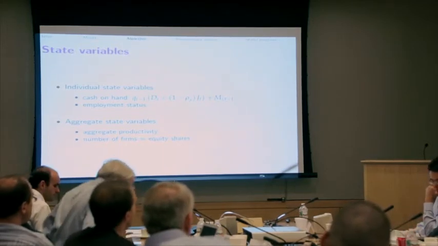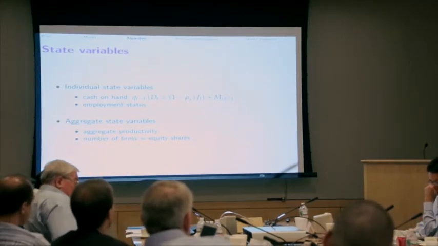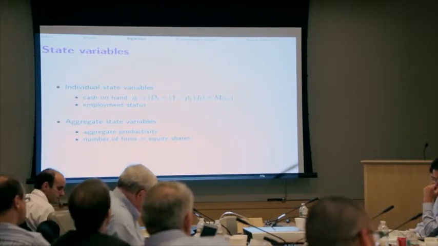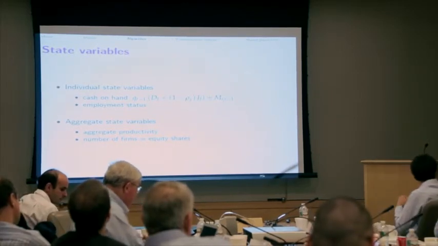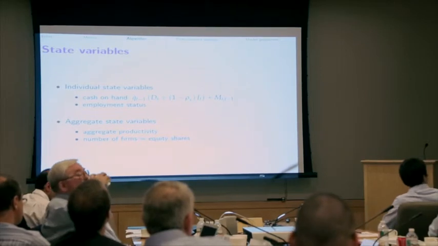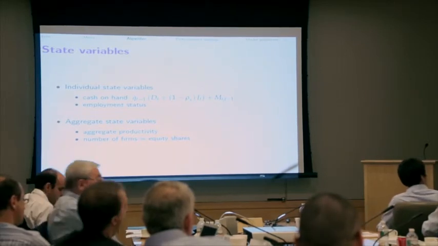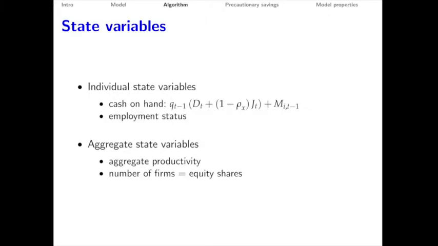Well, okay, so the question is, this is the policy function and this is the individual state variable. So it's going to look something like that.